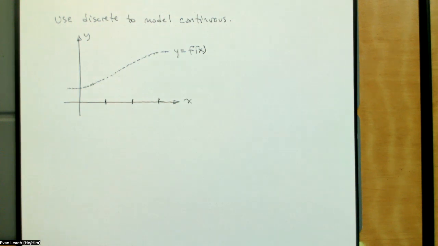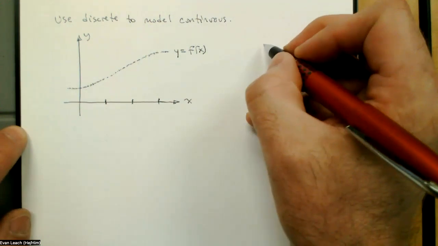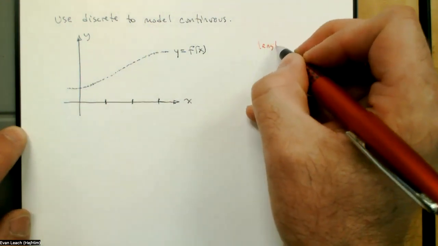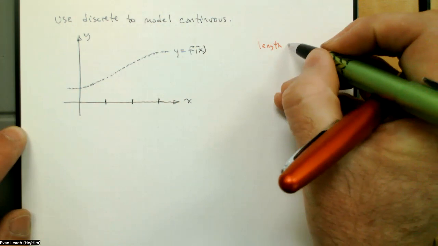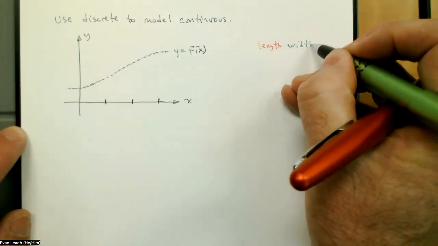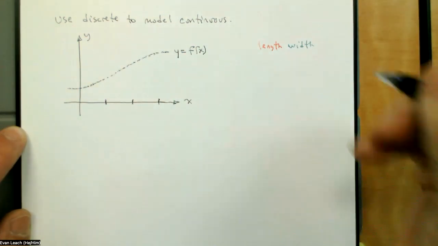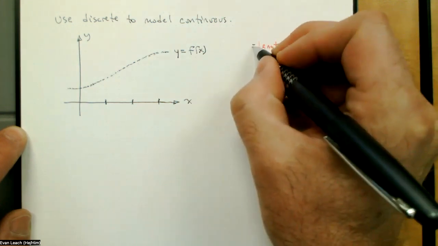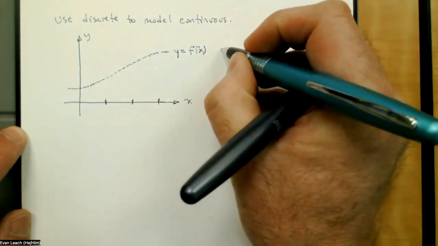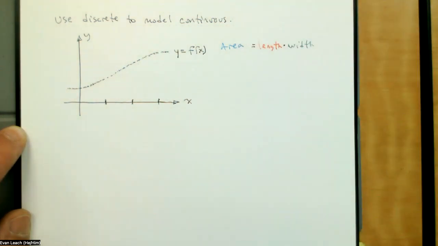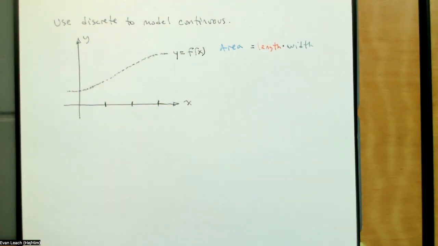Area is equal to length times width, but the stupid length is all continuously variable. That's the problem. Problem says find the area. We're like, oh, no problem. Area is equal to length times width. Then we look at the area we're trying to calculate. We're like, ah, dang it, stupid length is all continuously variable.